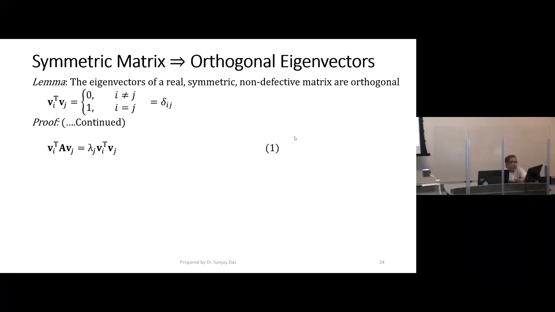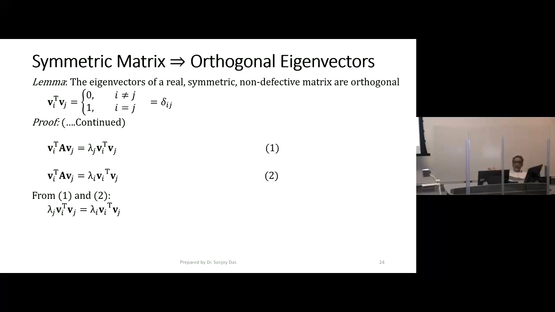So this is equation 1 that I had, and this is equation 2. What can you say about the right-hand sides and the left-hand sides? The left-hand sides are the same, correct? From 1 and 2, this is what I have. But lambda j and lambda i, we assumed that they are different, correct?